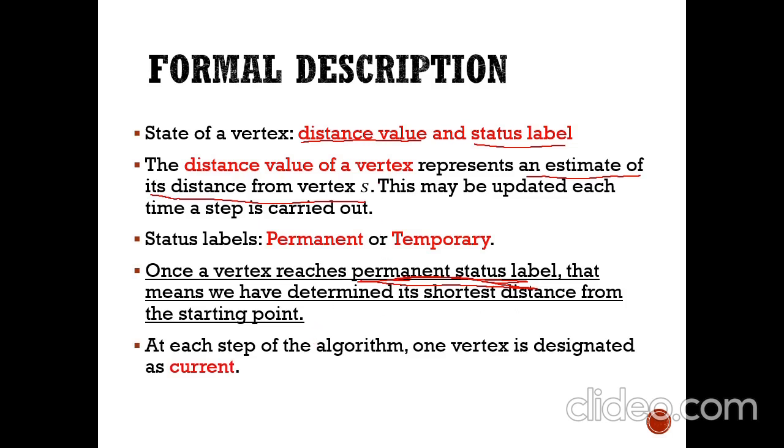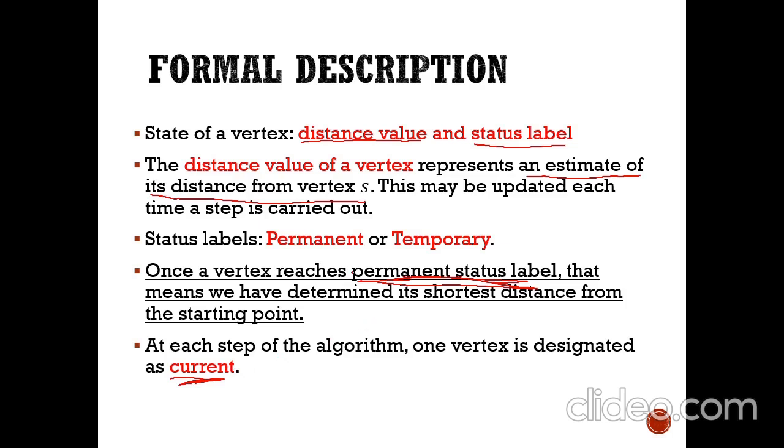Now, aside from this state of a vertex, we also designate one vertex as current vertex. At each step of the algorithm, one vertex is designated as current. Now, we will discuss how to choose current vertices in the next slides.